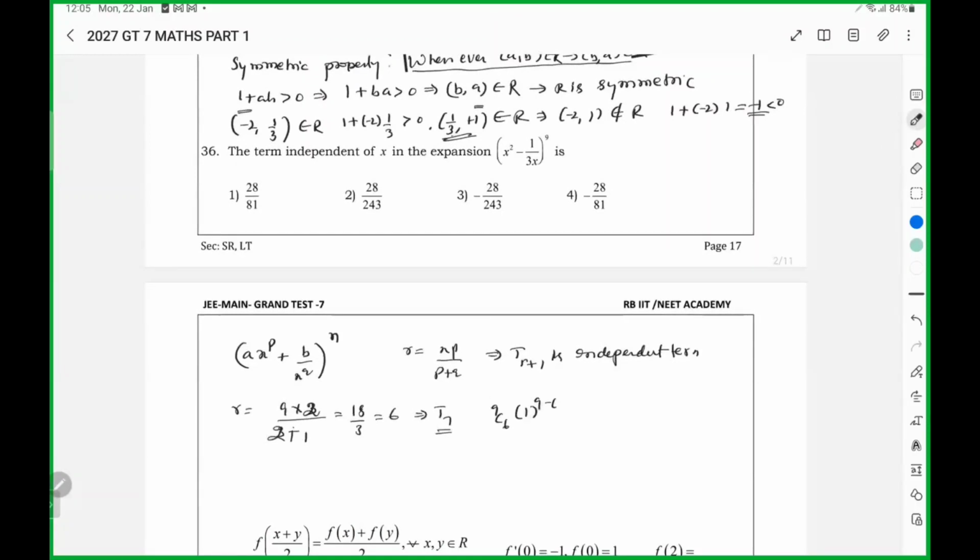9C6 into minus 1/3 power 6, which is same as 9C3, that is 9 into 8 into 7 by 3 into 2 into 1. So here it is how much? 84 into what is also there?